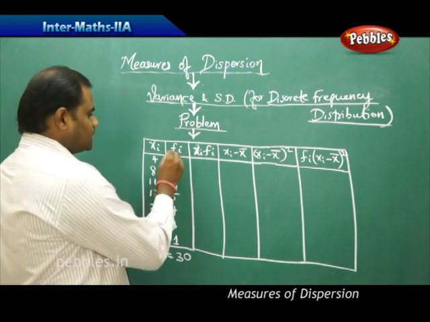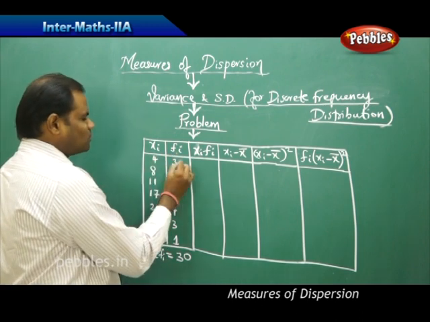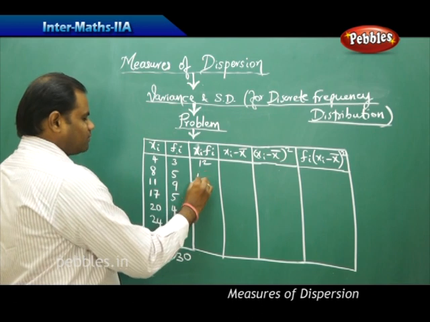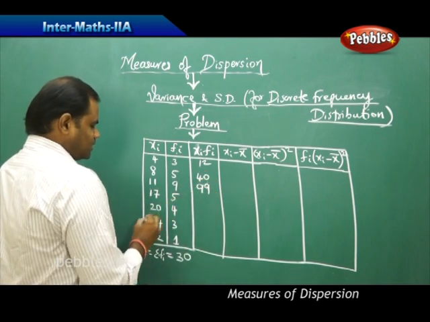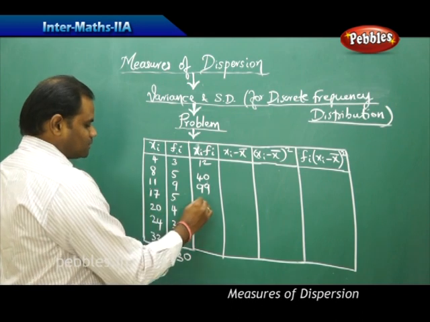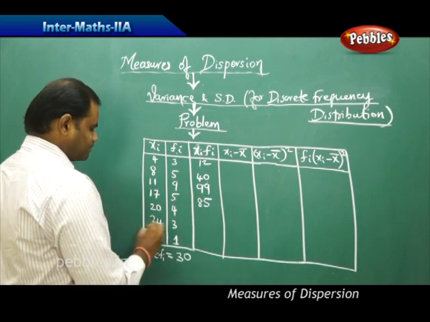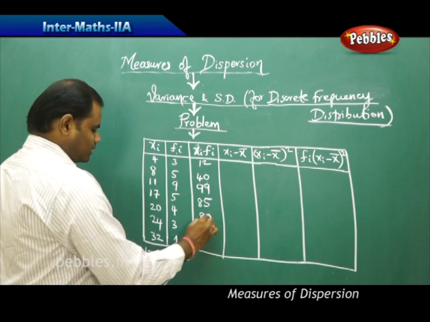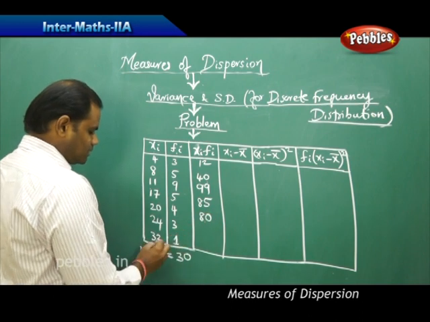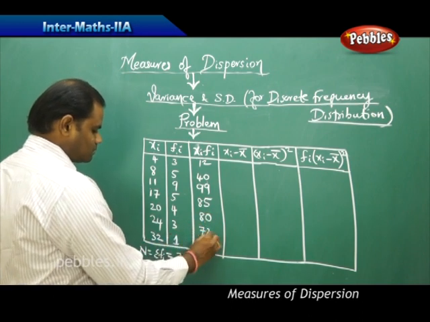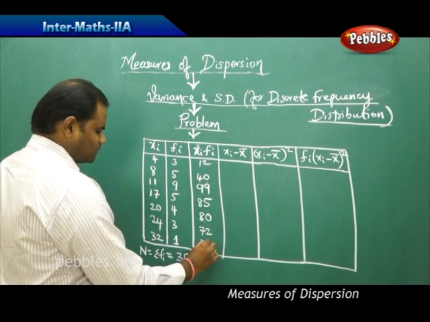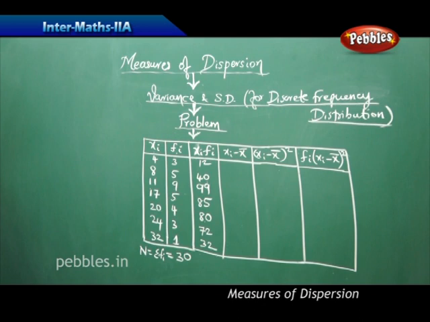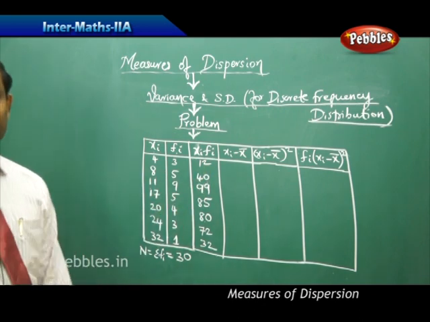Then let me find xi times fi: 4 times 3 is 12, 8 times 5 is 40, 11 times 9 is 99, 17 times 5 is 85, 20 times 4 is 80, 24 times 3 is 72, and 32 times 1 is 32. This is how we get each of the products.